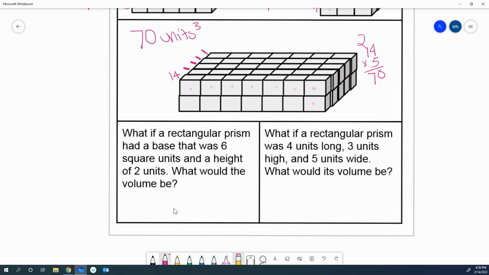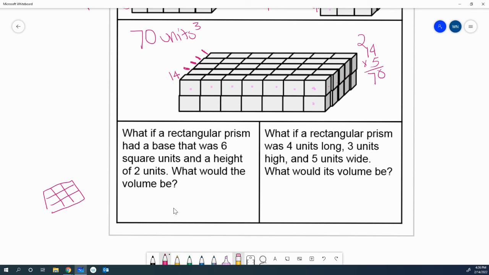All right. Now is where we get a little confusing. We've got word problems. What if a rectangular prism had a base that was 6 square units? So the base is 6 square units.